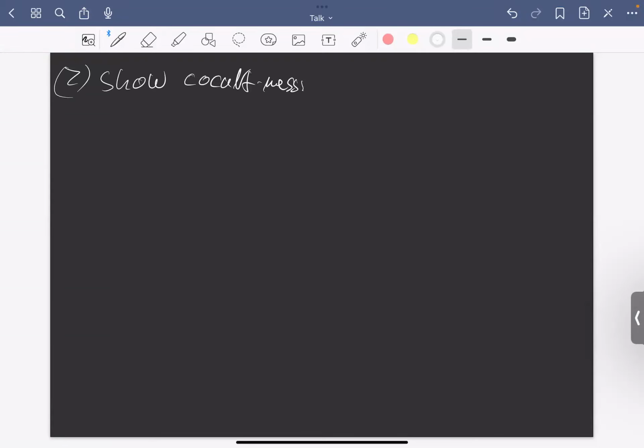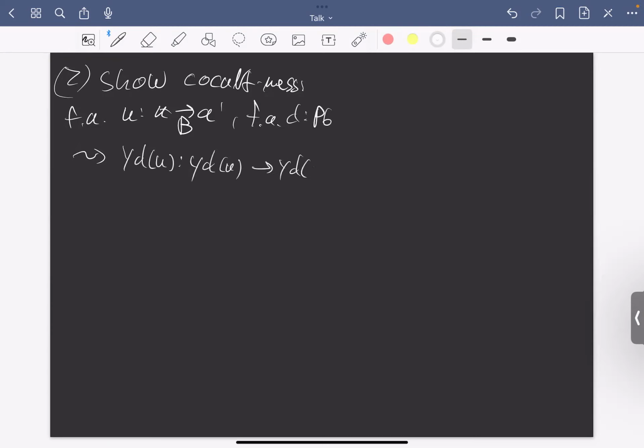Okay, how do I do that? Well, I have to show that for all u from A to A prime in B, the action of y, so yu, sorry, I have to show that for all those arrows and for all D in the fiber, the action Uneda du from Uneda dA to Uneda dA prime is a co-Cartesian arrow.